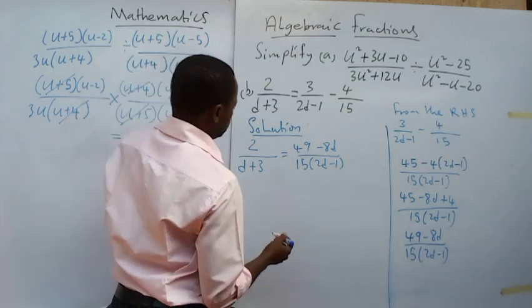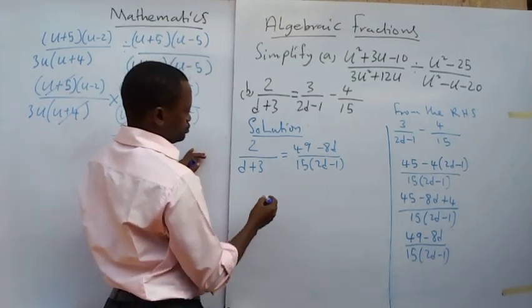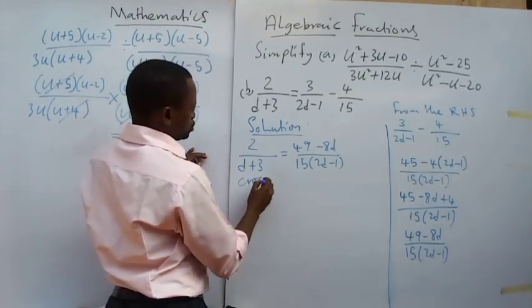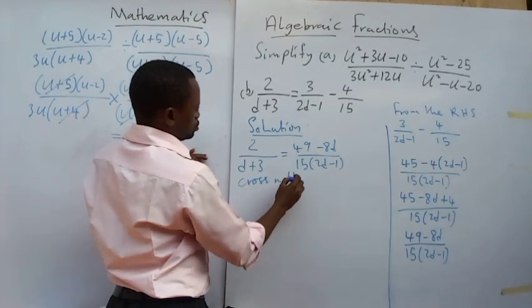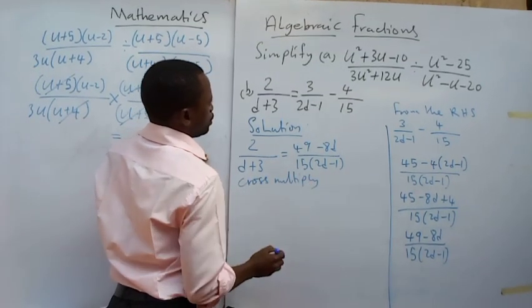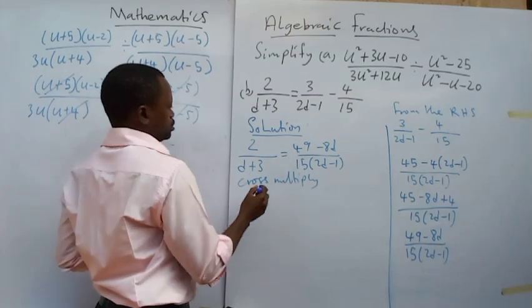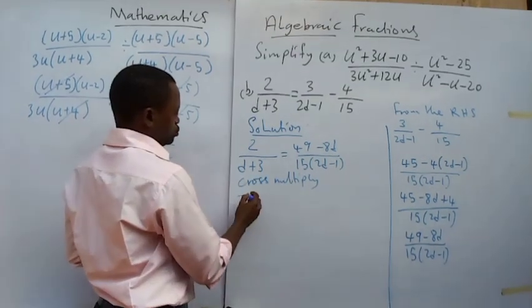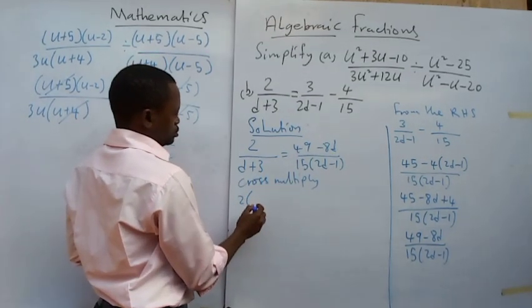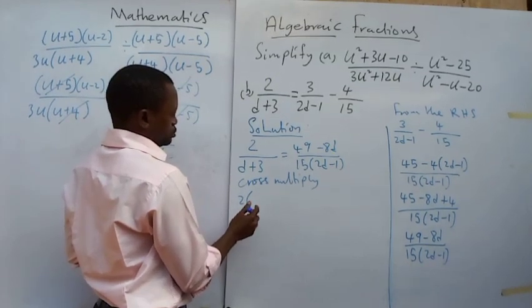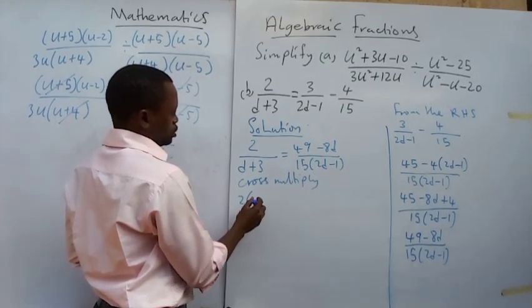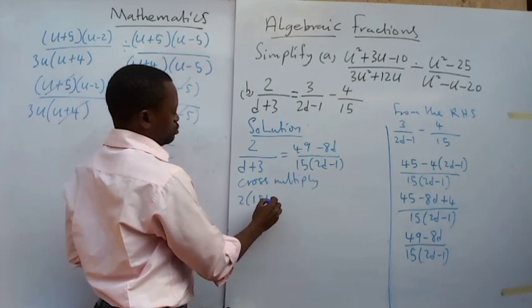So what we do now is we cross multiply. When we cross multiply, we will have 2 into this. Let me write it, 2 bracket 15 in bracket.